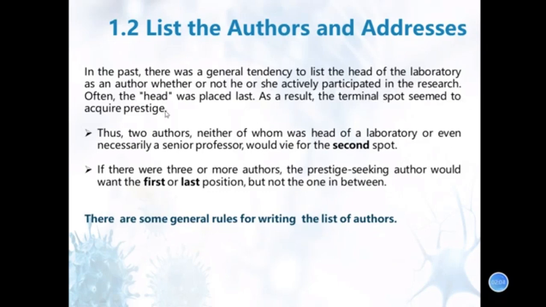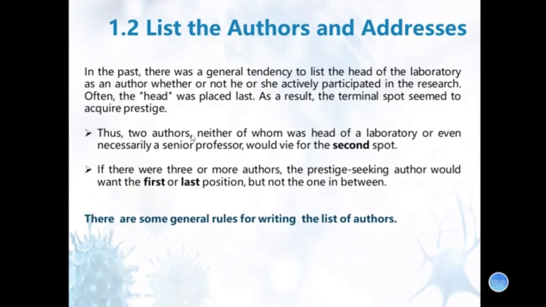Often, the head was placed last. As a result, the terminal spots seemed to be a clear prestige. So, a lot of persons think the last author is the important person.